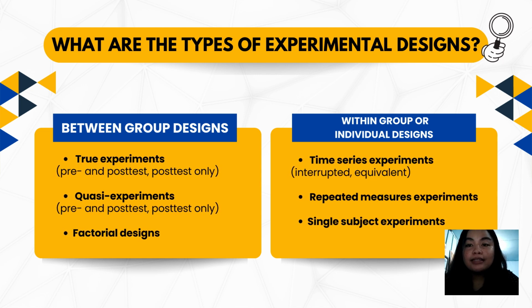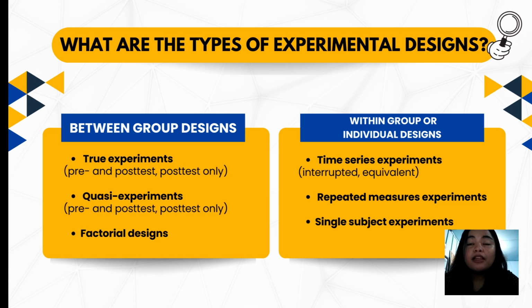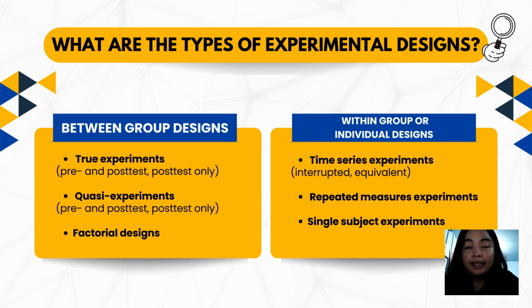Second one is quasi-experiments. Similar to true experiments, these also have pre- and post-test or post-test only setups, but with some differences. Third one is factorial designs. These are a bit more complex, involving multiple factors or variables.